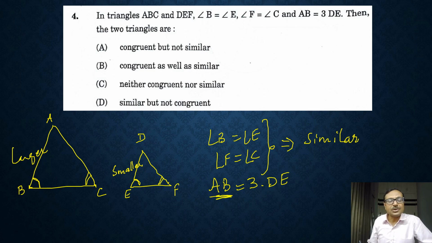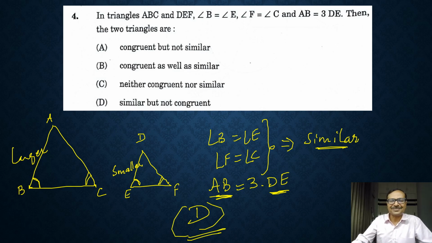Because in case of congruence, the corresponding sides have to be equal. But here AB is much larger than DE, and so the answer is similar but not congruent, and the option which states this is D, similar but not congruent.